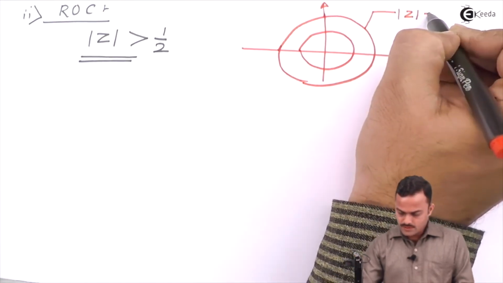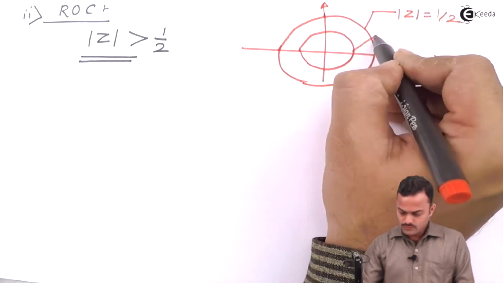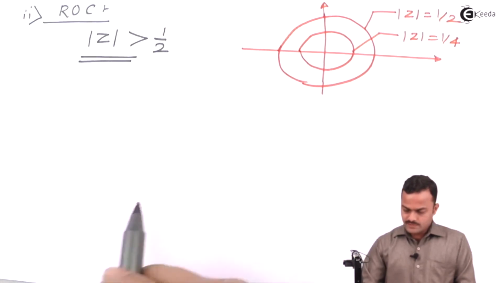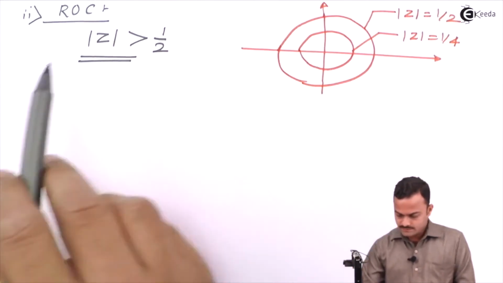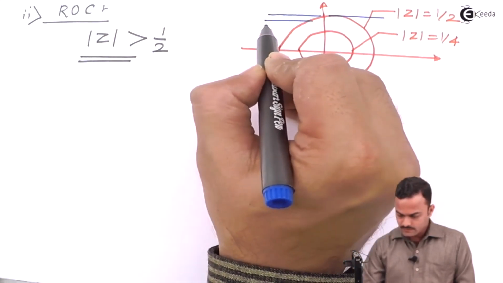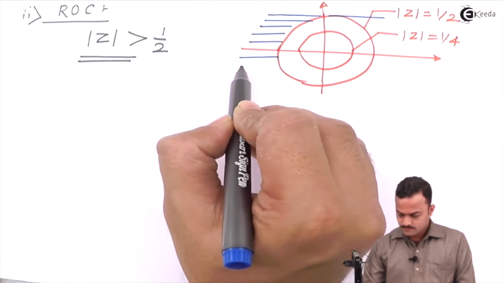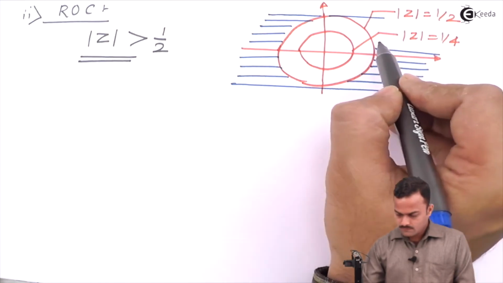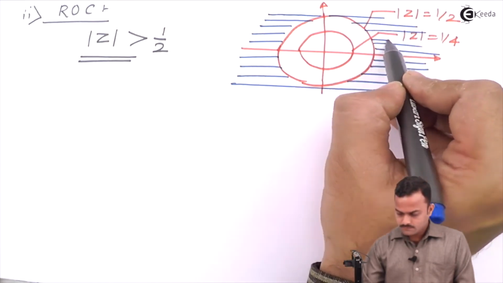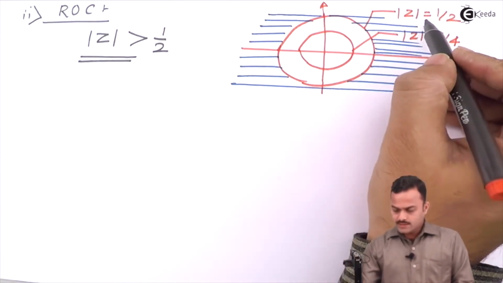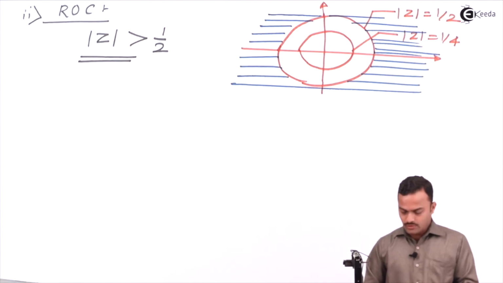Here it's mod z equal to 1 by 2, mod z equal to 1 by 4. We are saying it's outside the outermost. So the ROC that I am talking about is this ROC. Since it is outside mod z equal to 1 by 2, obviously it is outside the smaller circle.